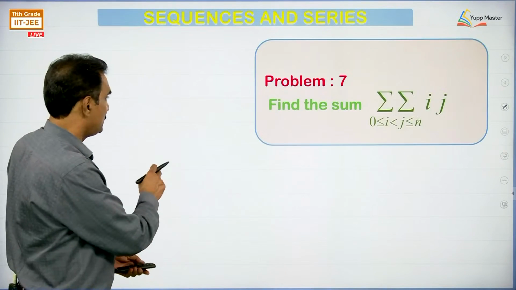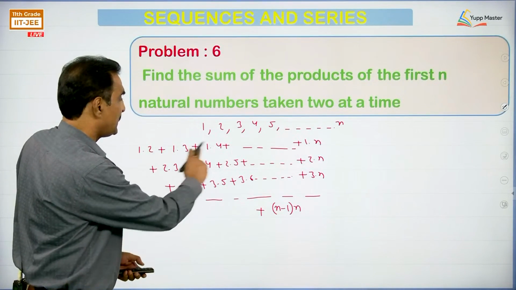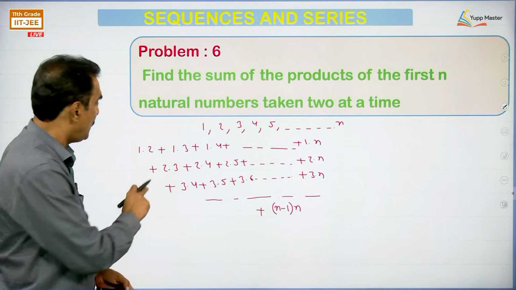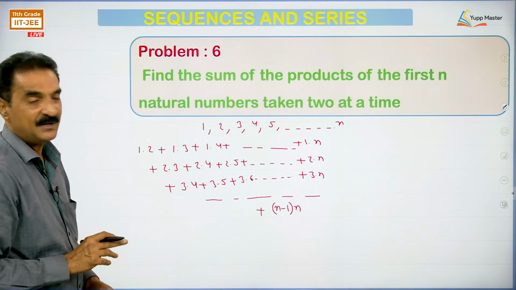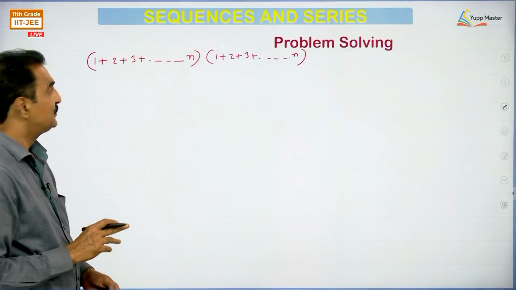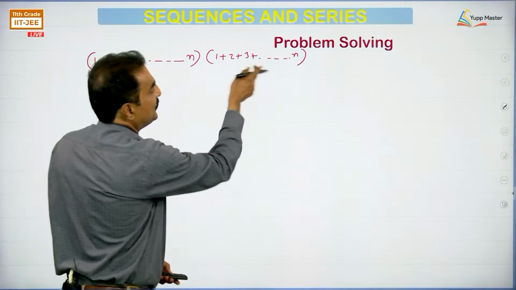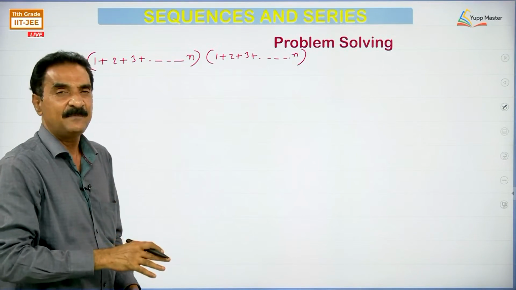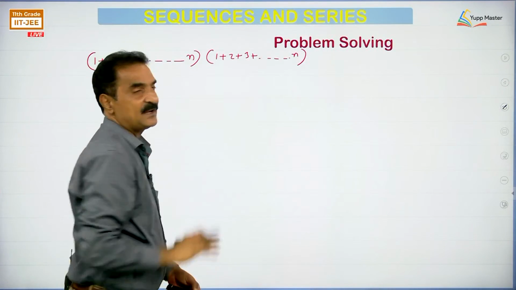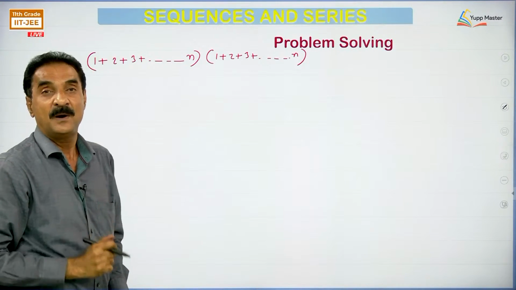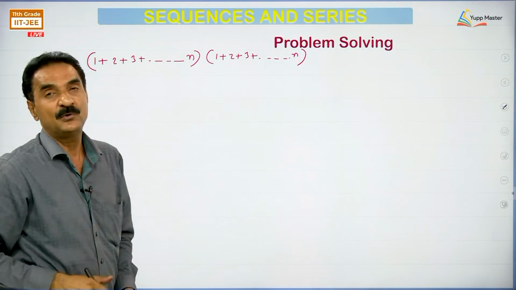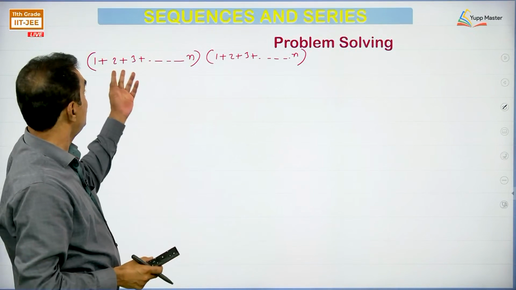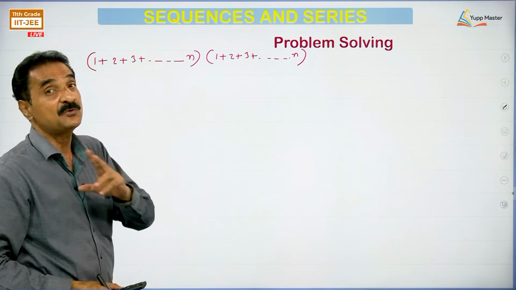See, all the terms of the first row are coming, all the terms of the second row are also coming, all the terms of the third row, 3 into 4, 3 into 5, 3 into 6 and so on, 3 into n, all are coming. In this way, finally, n minus 1 into n will be there. But you also notice that every term will be present in the expansion twice.